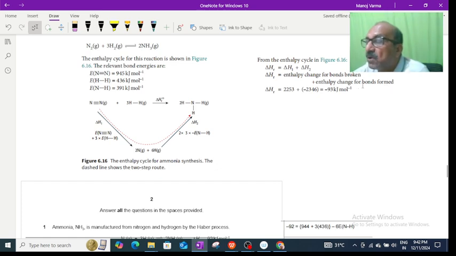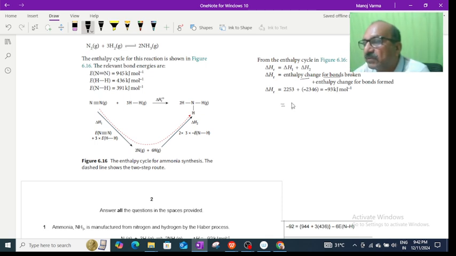But whenever bonds are formed, it's an exothermic reaction, and when bonds are broken, it's an endothermic reaction. So that's the key. When bonds are formed, it's an exothermic reaction. So finally, the formula that you get for finding the enthalpy change of the reaction, you see very carefully, is that first we take the bonds broken in the reactants.